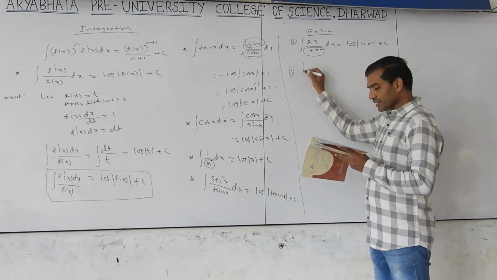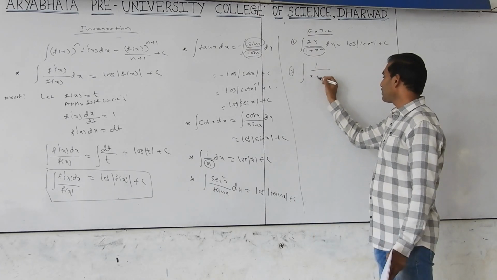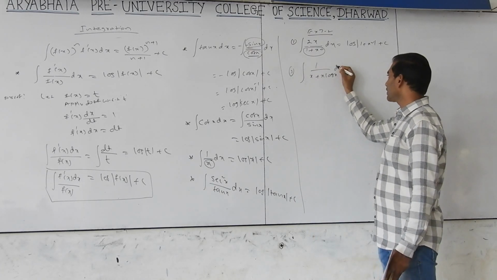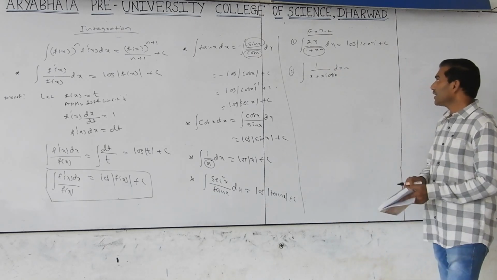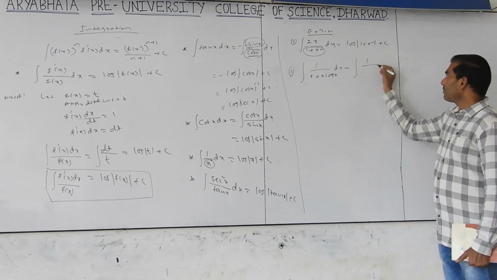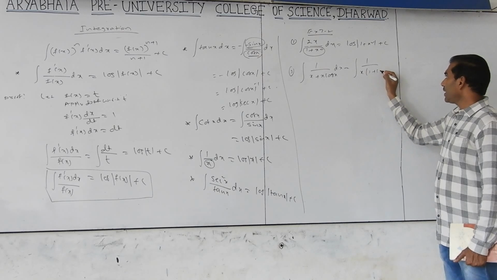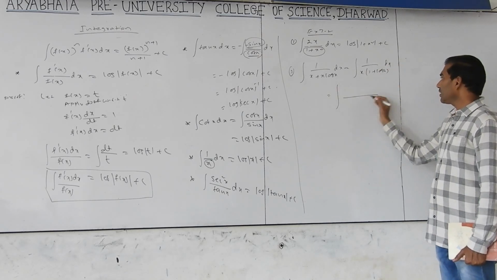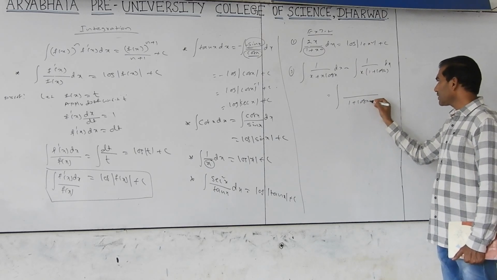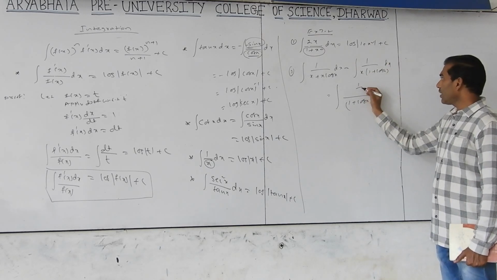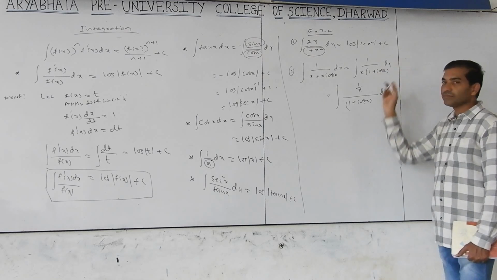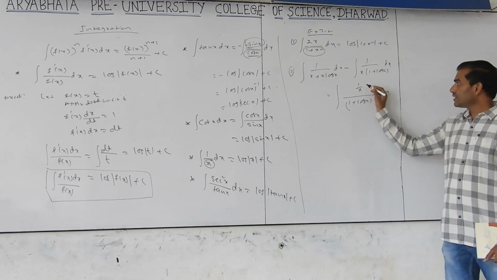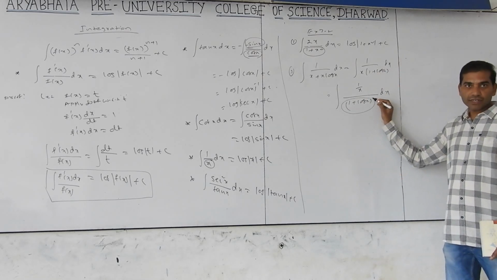Third question: integration of 1 by x plus x log x dx equals integration of 1 by x, taking common, 1 plus log x dx. Here 1 plus log x, and this is generated like this, 1 by x dx. See, this is f(x), the denominator.